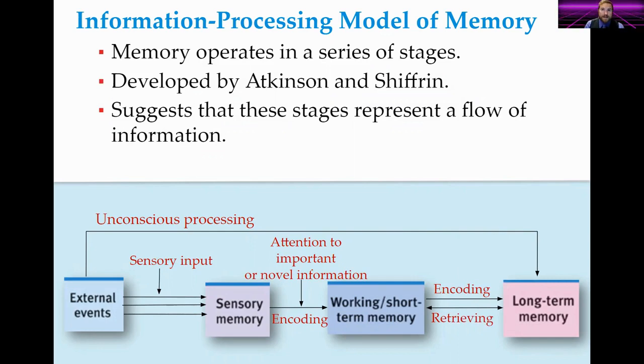Information that we deem important, or that we pay attention to, then goes into what's called our short-term memory, or sometimes working memory. A little more on that in a minute. If information is important enough that we rehearse it, we practice it, then it gets encoded into long-term memory. And whenever we need to use that information later, we retrieve it.